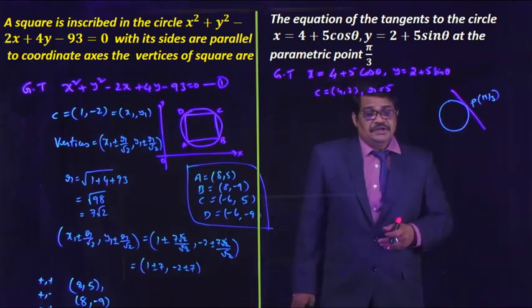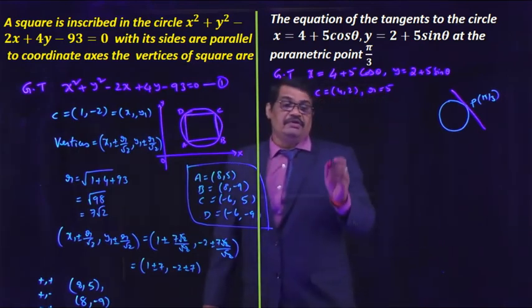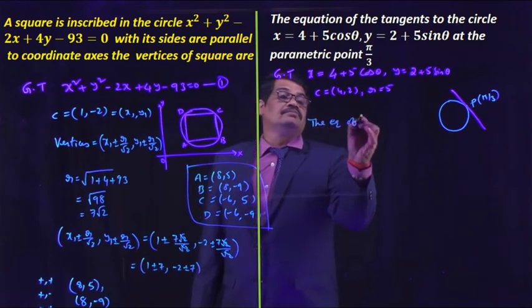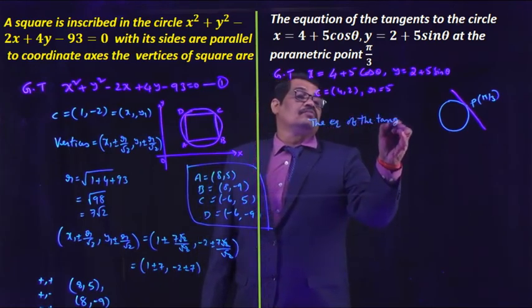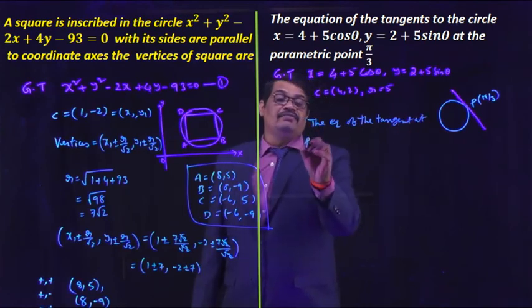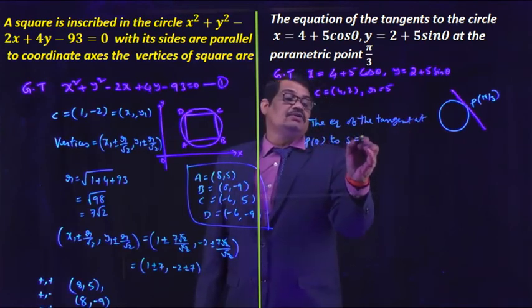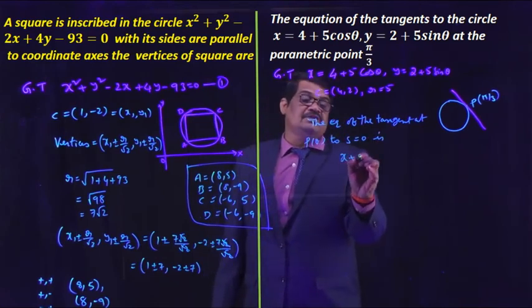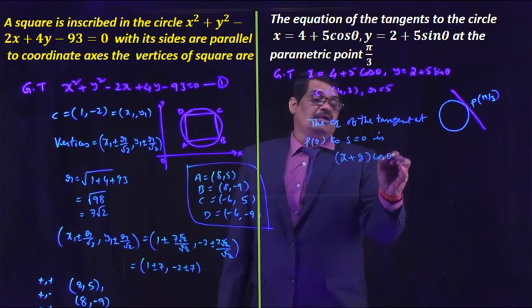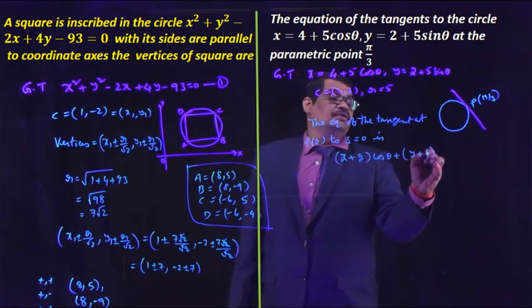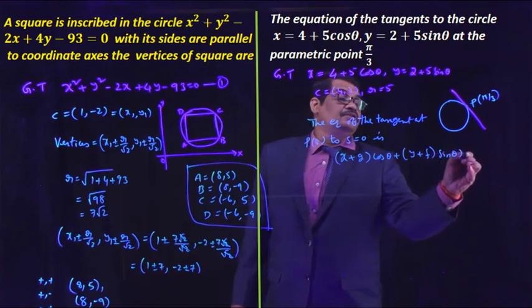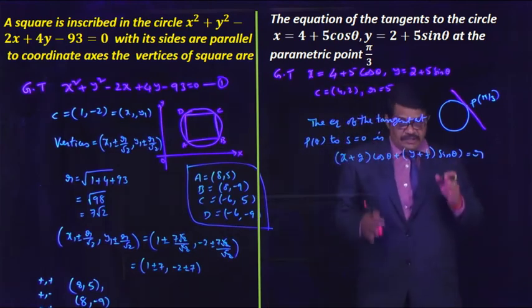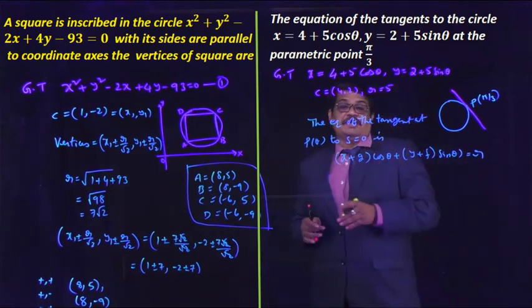The tangent equation in parametric form: the equation of the tangent at P of theta to S is equal to 0 is (x plus g) cos theta plus (y plus f) sin theta is equal to r. This is the formula for finding the equation of the tangent at the parametric point theta.